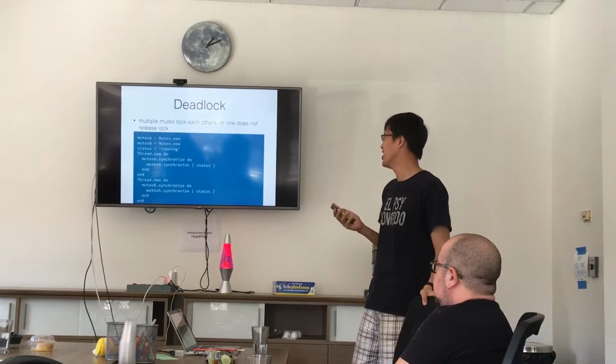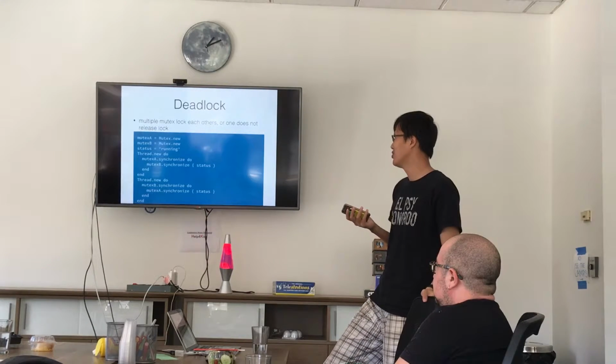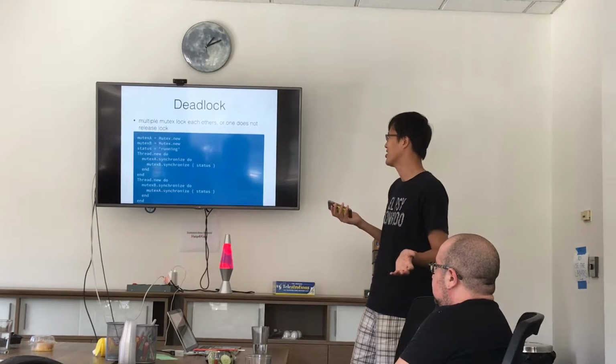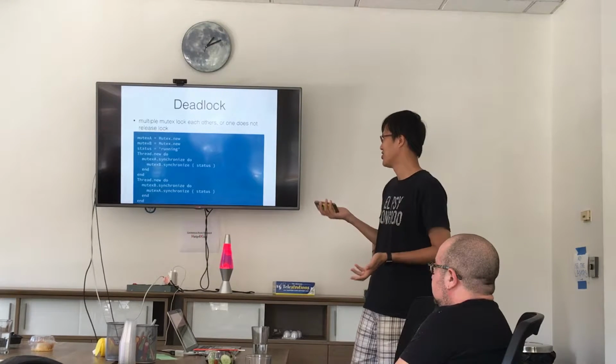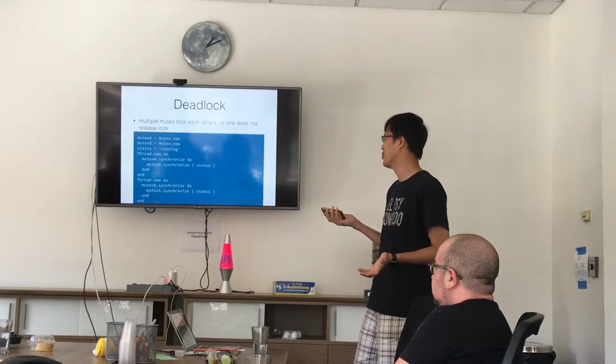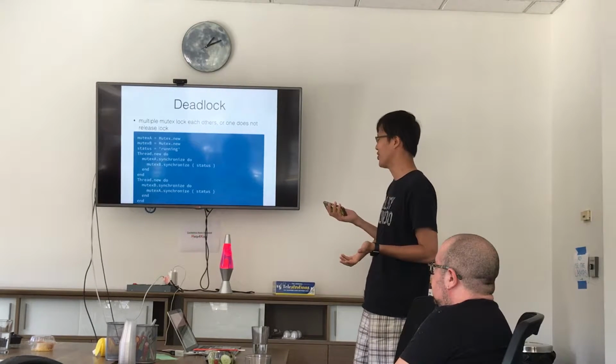Another problem is deadlock. Deadlock basically means you have multiple mutual exclusion locks that lock each other, or one does not release the lock. For example, you have two locks, mutex A and mutex B, and two threads running.